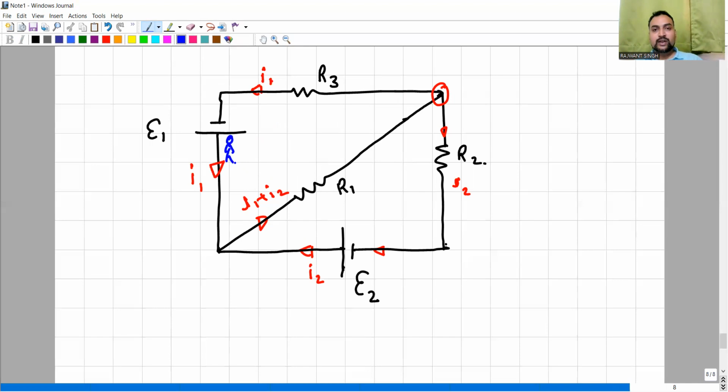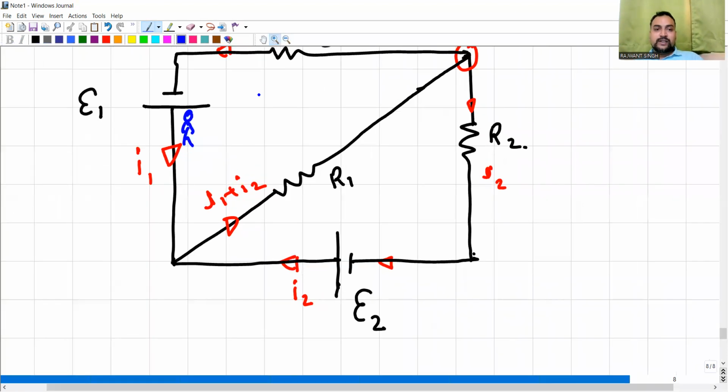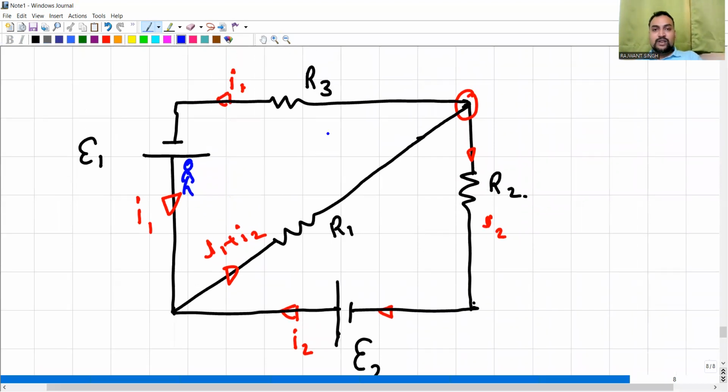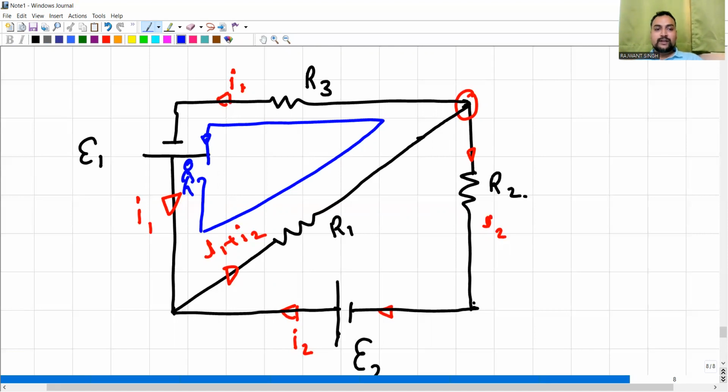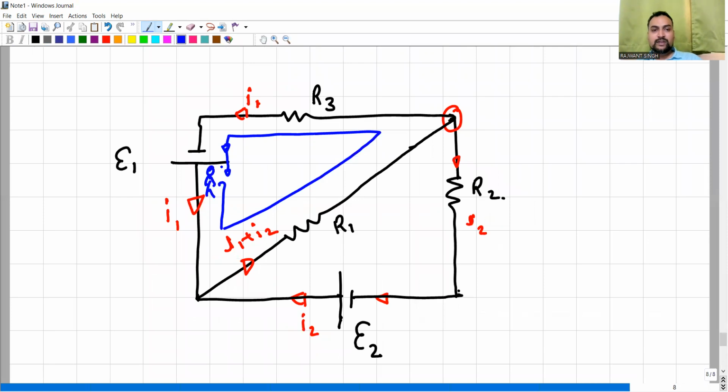Now, when you are starting the loop equation, you have to assume that you are walking in the circuit, as I told you before, and you are walking in this direction. This is the anti-clockwise direction, as you can see. You have to walk across the loop and come back to the same point.